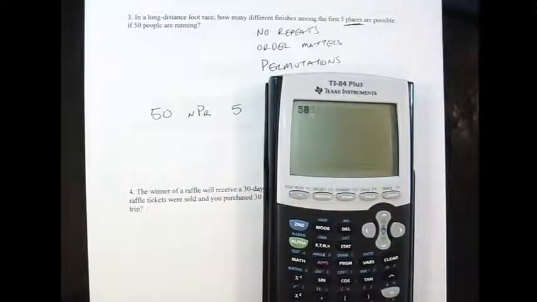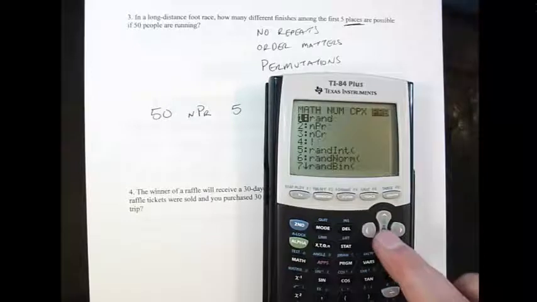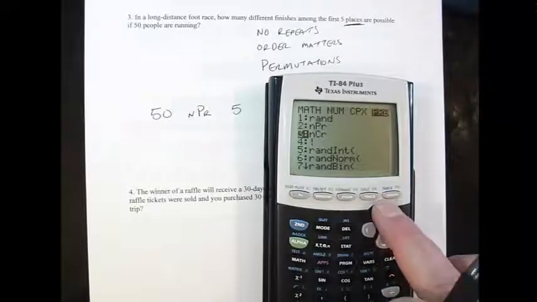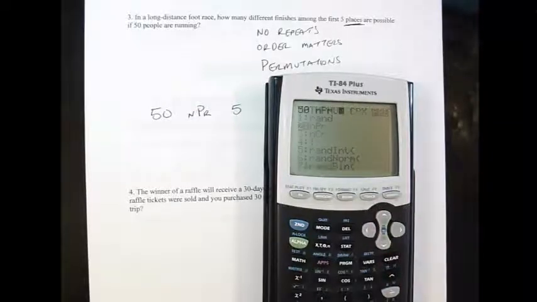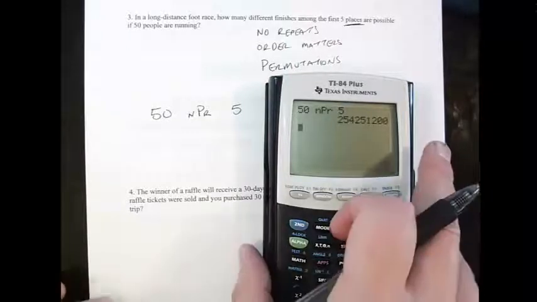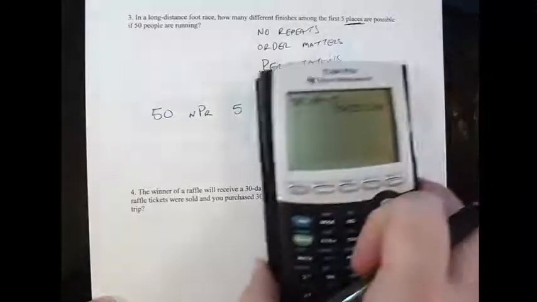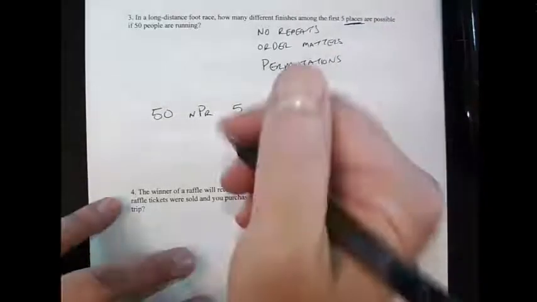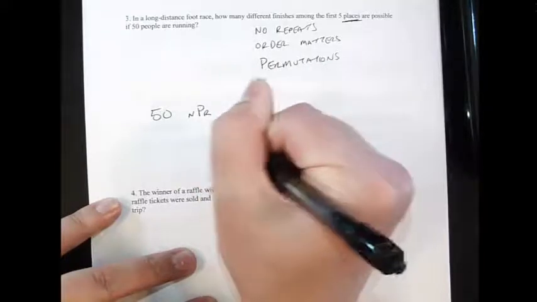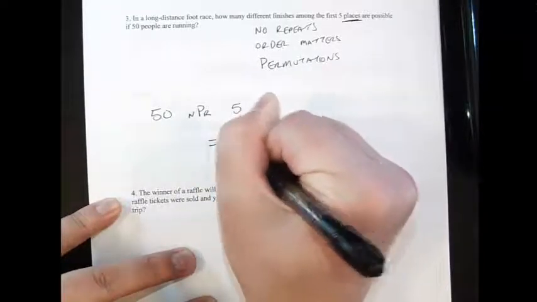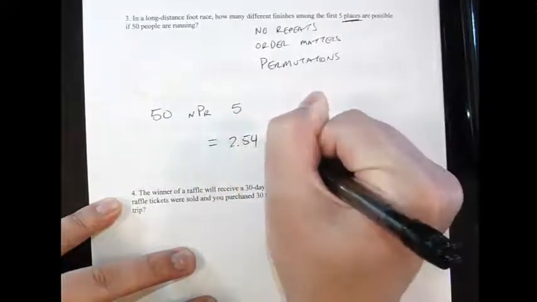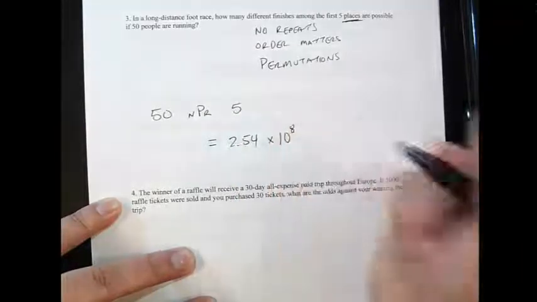In our calculator, 50, over to PRB and nPr, 5. Enter. And that gives us our permutation, which I'm going to transform into scientific notation: 2.54 times 10 to the 8th.